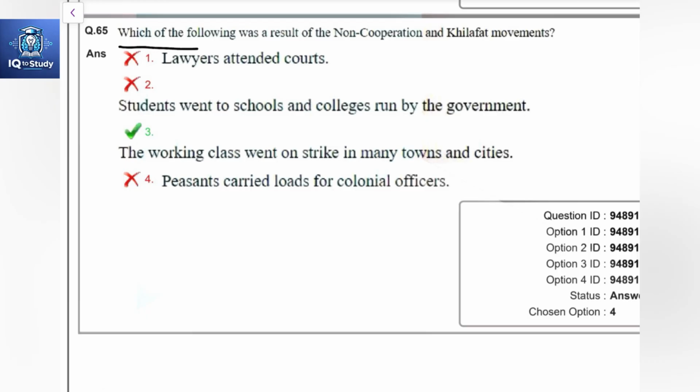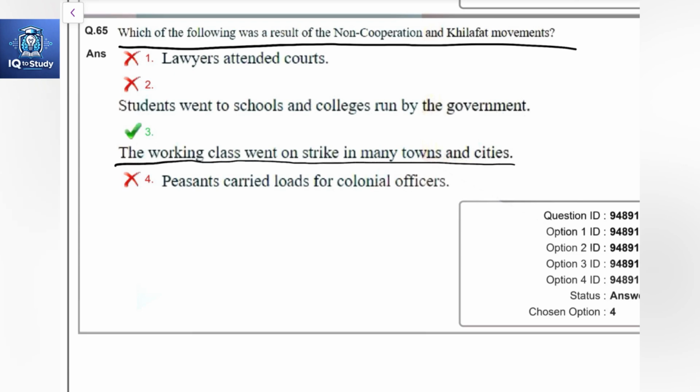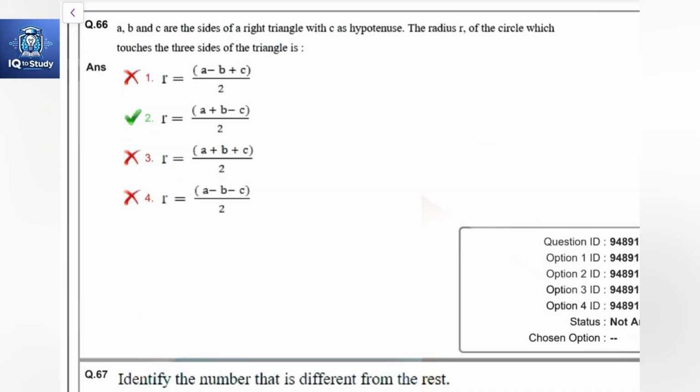Which of the following was a result of non-cooperation and Khilafat movements? The working class went on strike in many towns and cities. A, B, C are the sides of a right angle triangle with C as hypotenuse. The radius R of the circle which touches the three sides of a triangle is. Let's draw a right angle triangle.